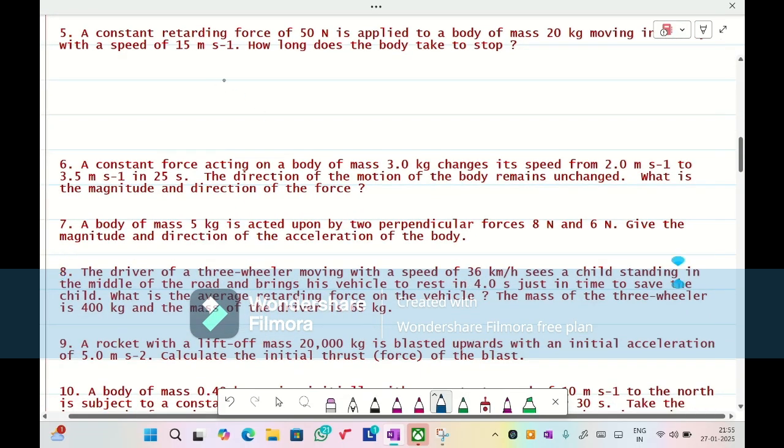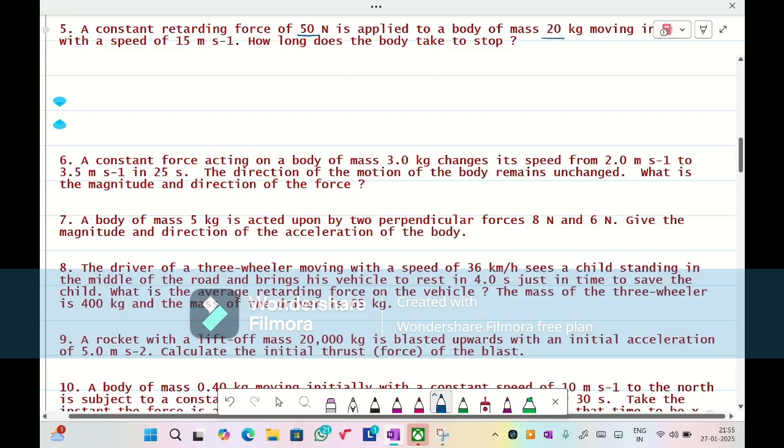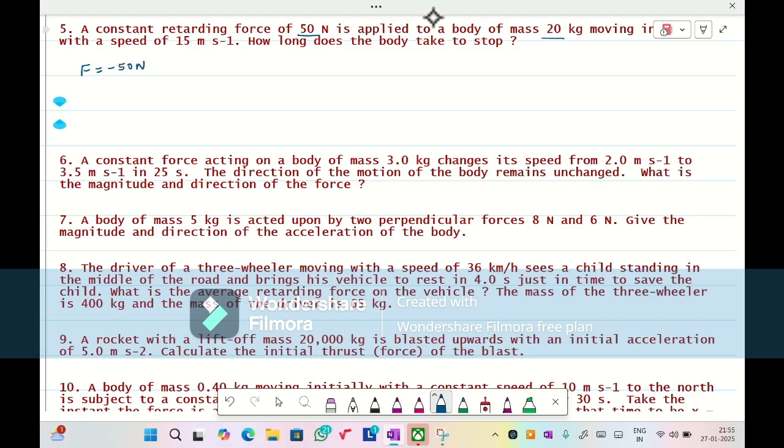A constant retarding force is applied to a body of mass 10 kg moving with some initial speed. Let us check the given data once. The retarding force is changing the velocity, bringing it to a stop. So F is equal to minus 50 Newton, m is equal to 20 kg, and initial velocity is 15 meters per second. Coming to a stop means v is equal to 0.